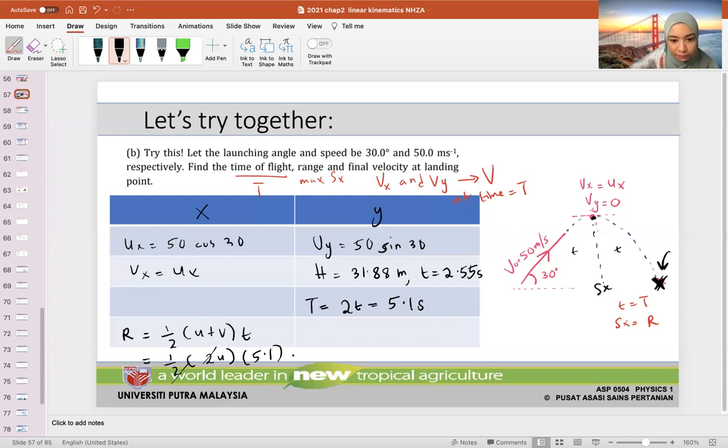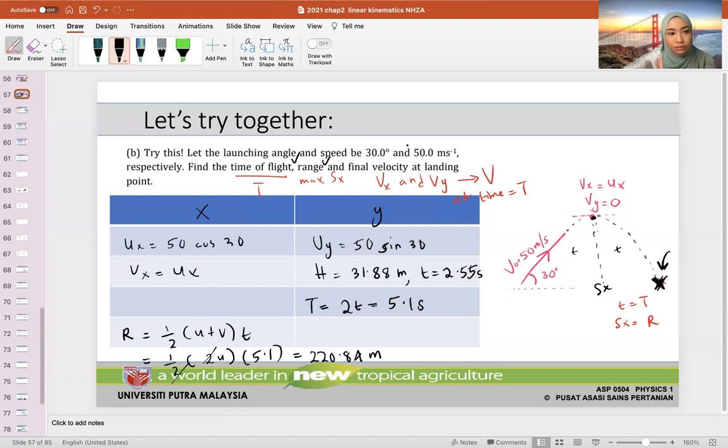Can someone calculate that for me? Saya takut saya salah kira. 50 cosine 30 times 5.1 is 220.84. Dapat sama tak? Yeah, sama. So we got the time of flight, we got the range.